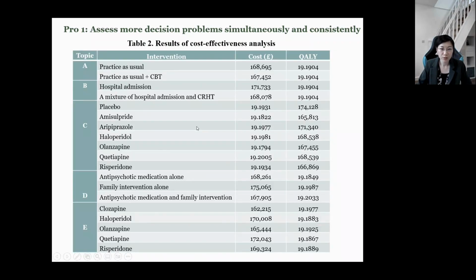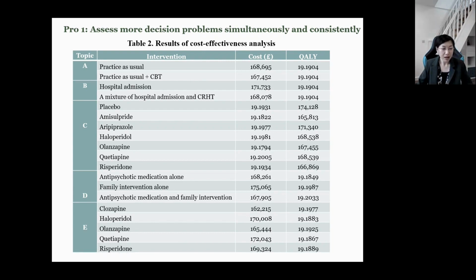Table 2 shows the results of the cost-effectiveness analysis that I conducted using my schizophrenia whole disease model. I used my whole disease model to address 5 different research topics, which cover 19 different interventions, while a traditional piecewise model can only address one single decision question and cover a few interventions.